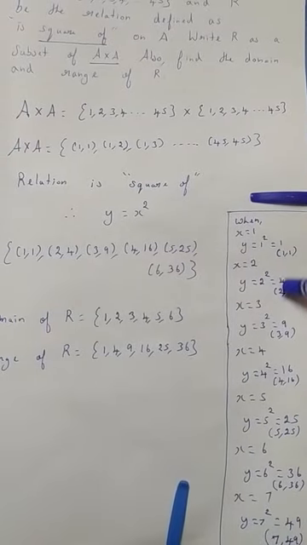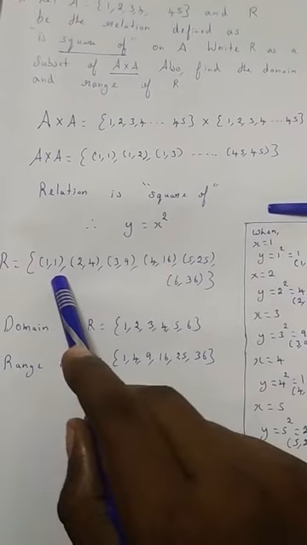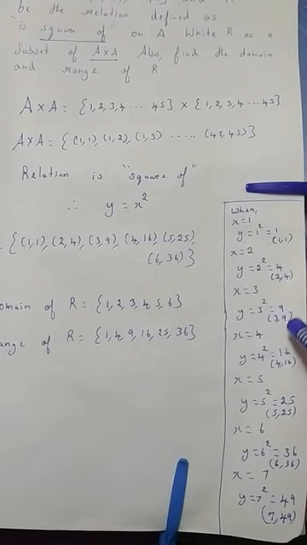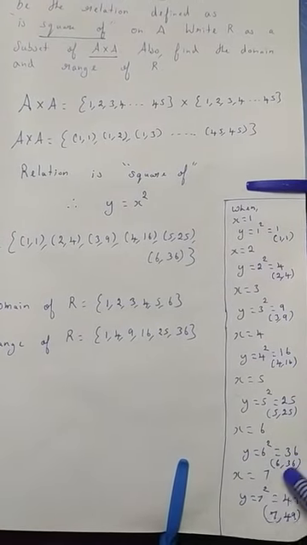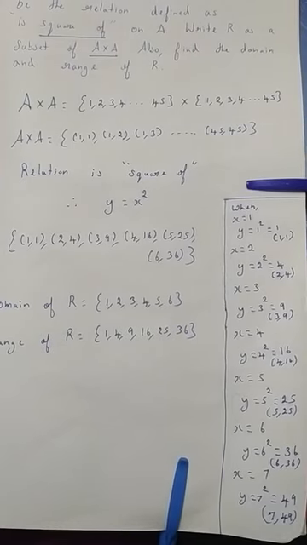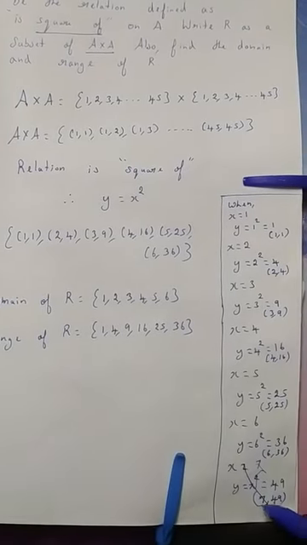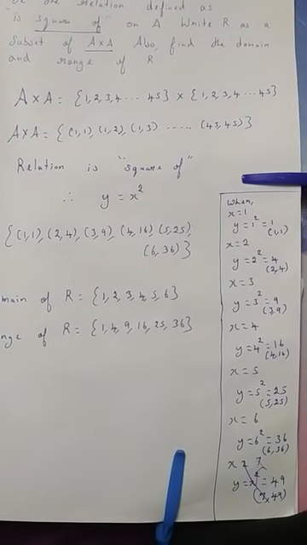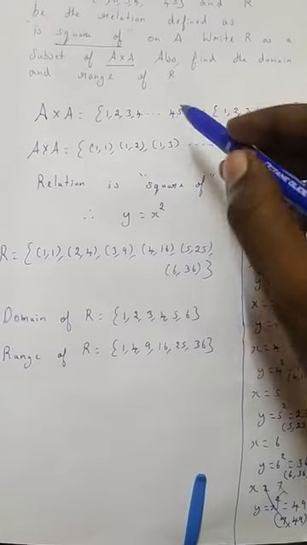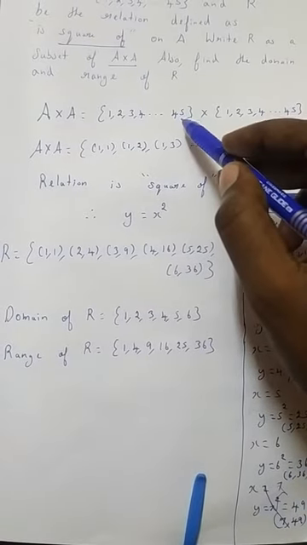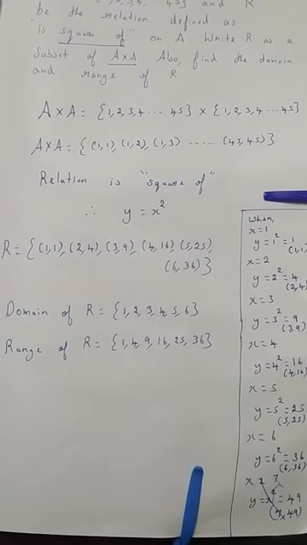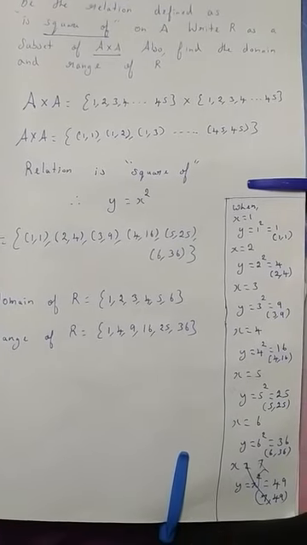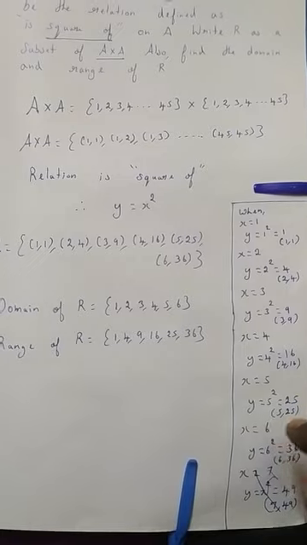Therefore, what are the relations here? 1, 1, 2, 4, 3, 9, 4, 16, 5, 25, 6, 36. Up to 6 only we have to consider, because after 6 the number is more than 45, that is 49. So we have to stop at 6.